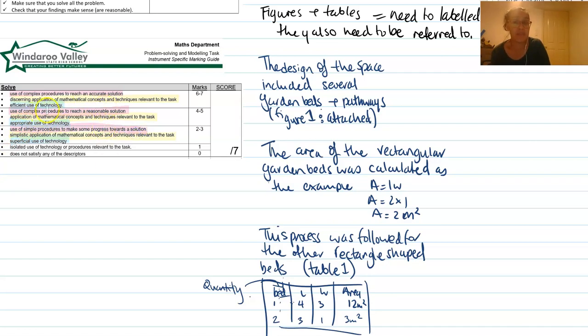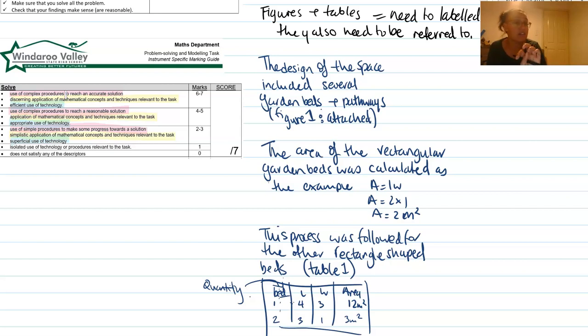So this person here is probably going to be doing not only their area, perimeter, and volume calculations, but also total calculations. They might also be doing percentage cover. Or anything else that they could use as data collection.